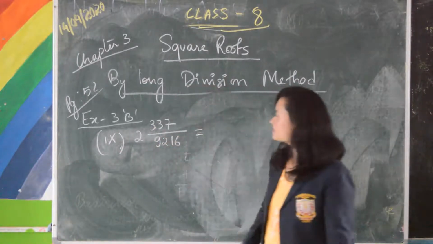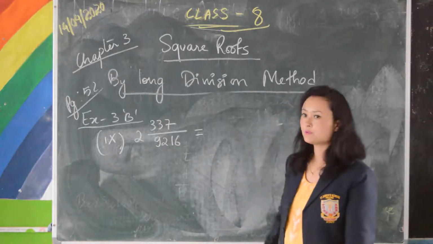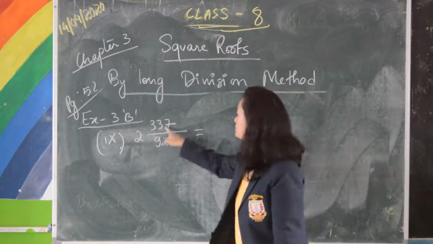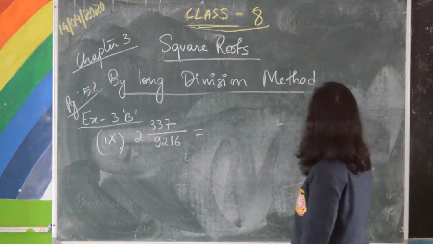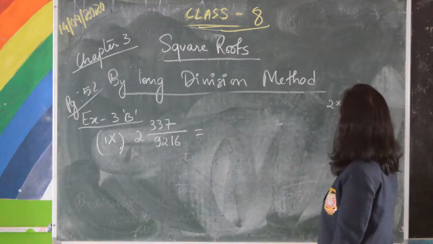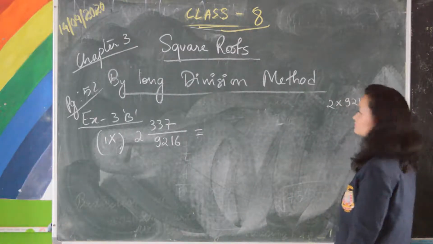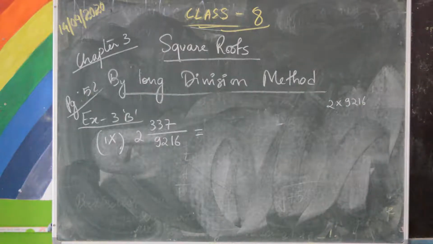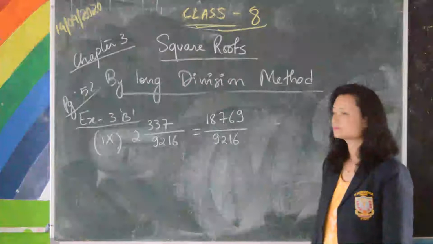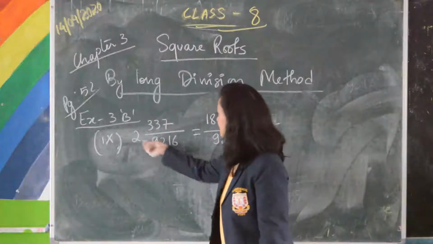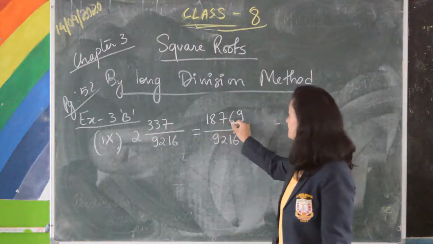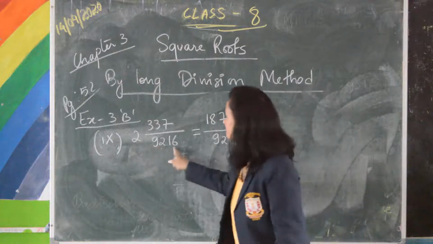So first you have to convert this mixed fraction into an improper fraction. So you know what to do. Okay, so when we multiply, we get the numerator as 18769 and the denominator remains the same.